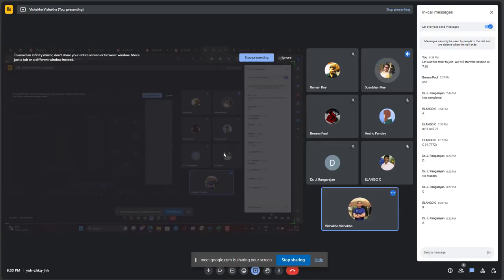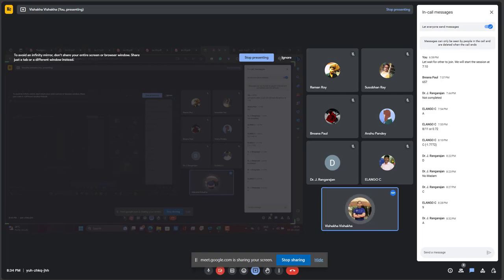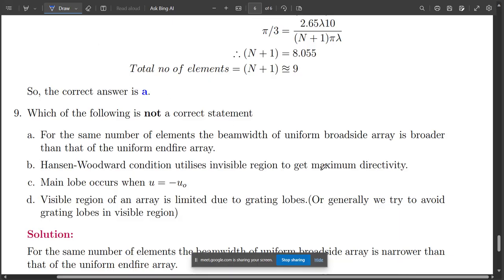Ma'am, it will be narrower. Yes, it will be narrow. Very good. That's why we are using the array concept. So as we increase the number of elements in the array, we will get narrower beamwidth.